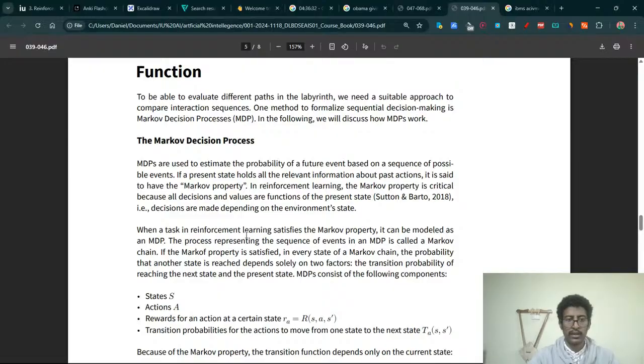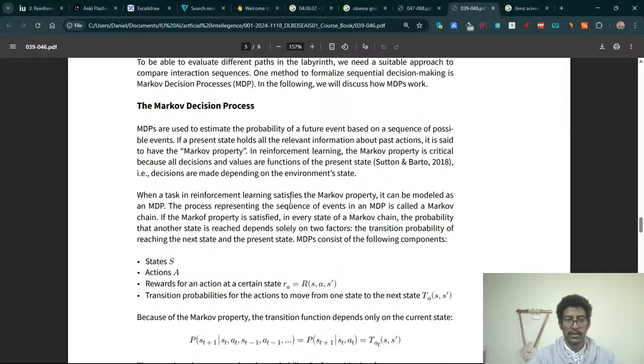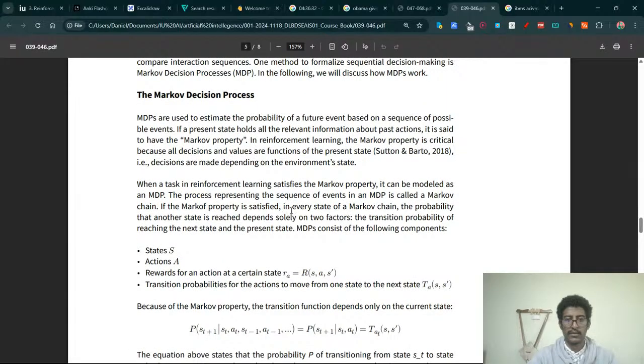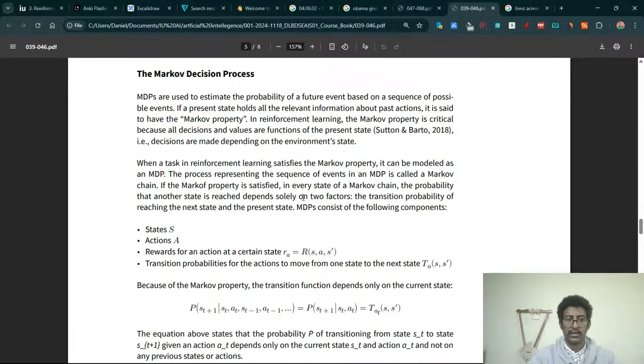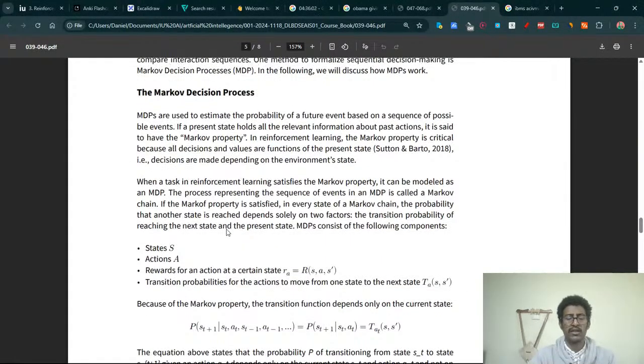So when a task in reinforcement learning satisfies the Markov property, it can be considered a Markov decision process. This is Markov law. The Markov property concerns the probability of a future event based on a sequence of possible events.